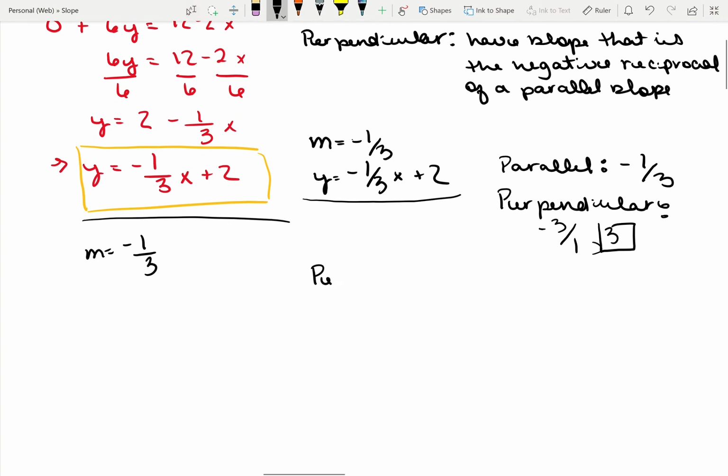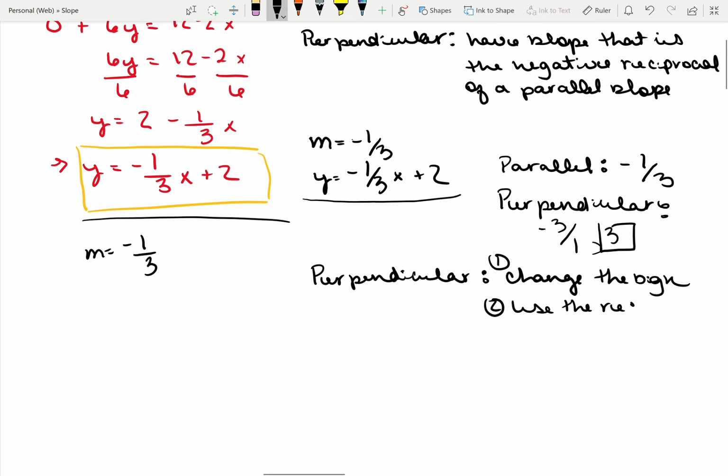For perpendicular: change the sign, use the reciprocal.